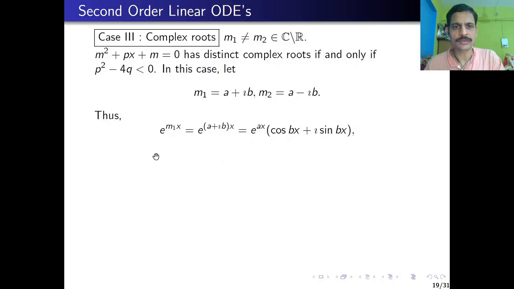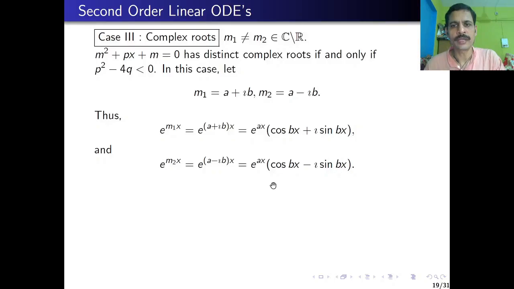And e raised to m2x is e raised to (a minus iota b)x, which can be written as e raised to ax (cos bx minus iota sin bx), again by using the Euler identity for e raised to iota bx. This again is a complex valued function which is not real valued.